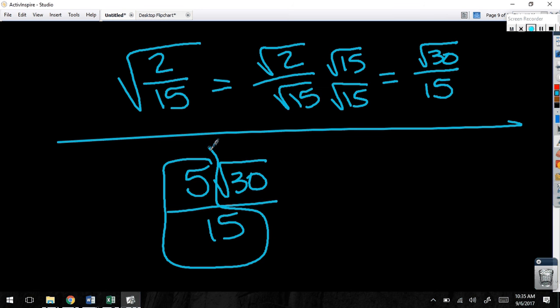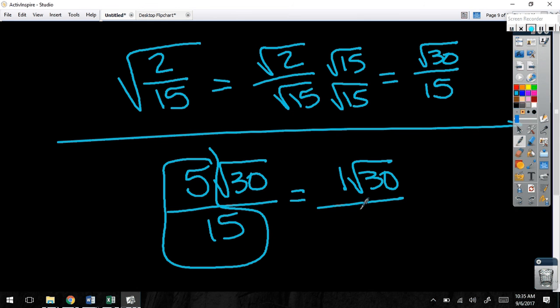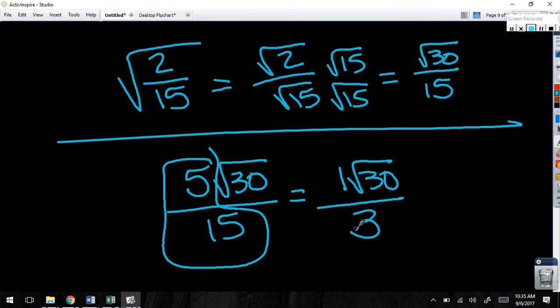I can divide them both by 5, so I get 1 times the square root of 30 over 3. You see the difference? That's the only time you simplify. So you would leave it at the square root of 30 over 15. That's our final answer.